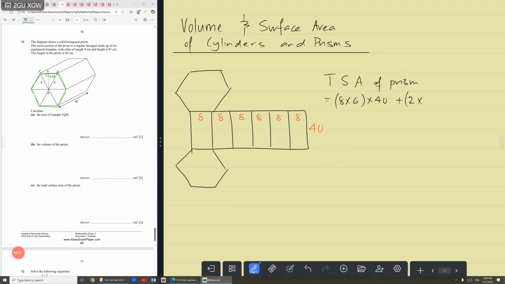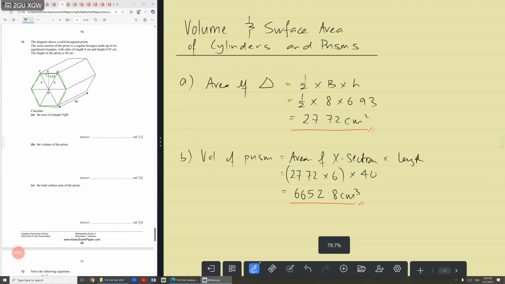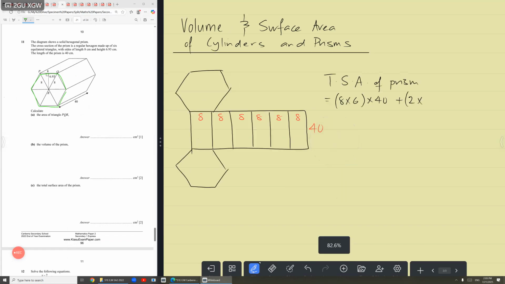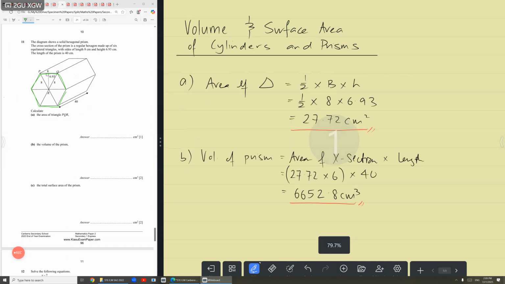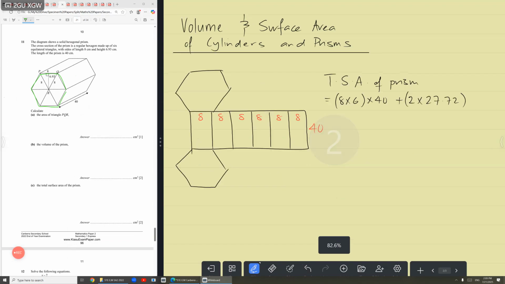2 hexagons is 2 multiplied by, what was the area of the hexagon previously? Let's check. Area of the cross section is basically 27.72 times 6. That's the area of the one cross section, right? 27.72 is the area of one small triangle, so we need to multiply by 6.